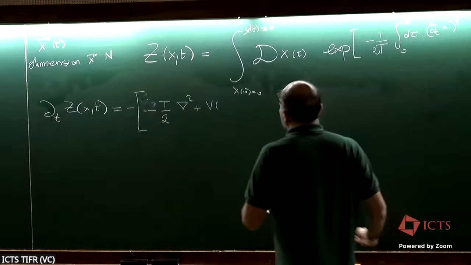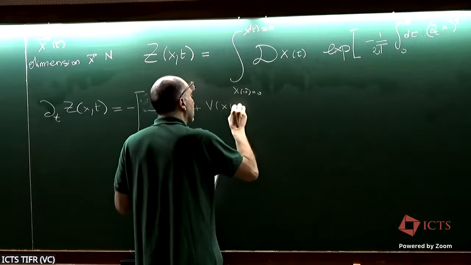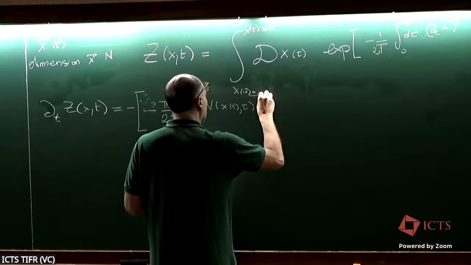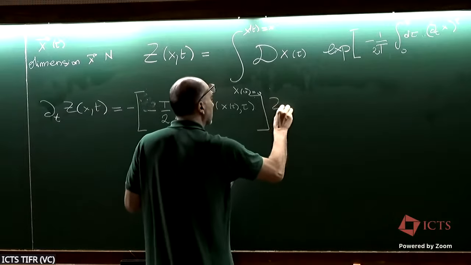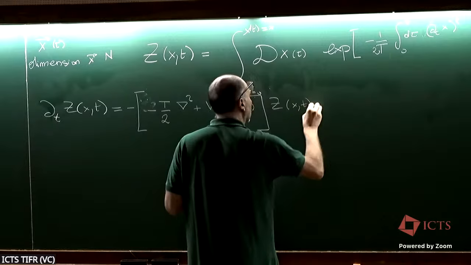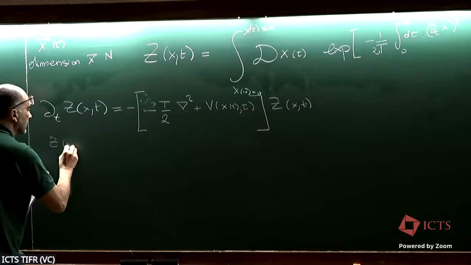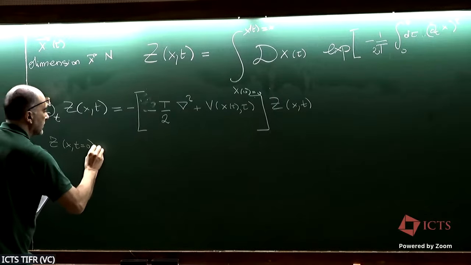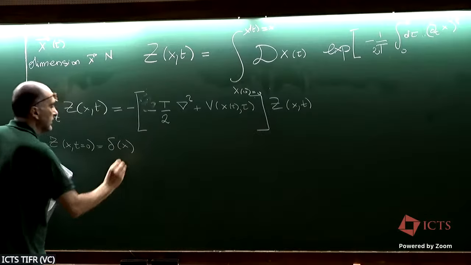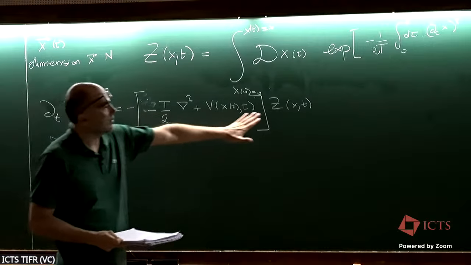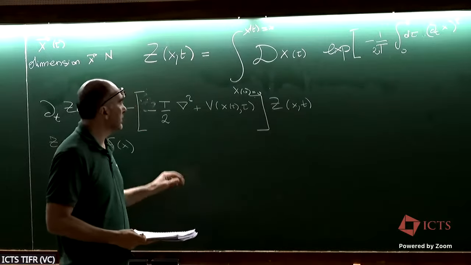So it's plus V(x,tau), okay? And this, we close it like this. And this Hamiltonian applies to the propagator. And we can say that because all the paths start at the origin, the initial condition is just delta at 0, okay? You start in 0.